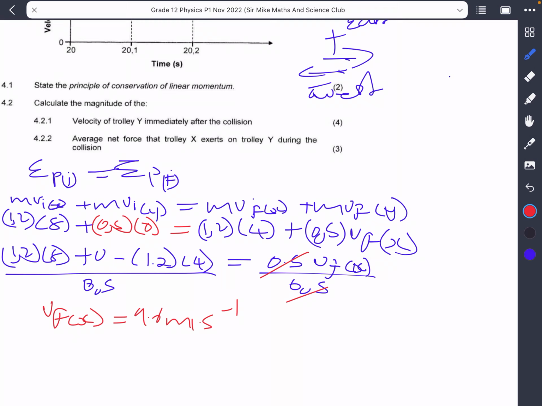For 4.2.2, they say to calculate the magnitude of the average net force that trolley X exerts on trolley Y during the collision. We know that the time over which those objects were in contact was actually that.